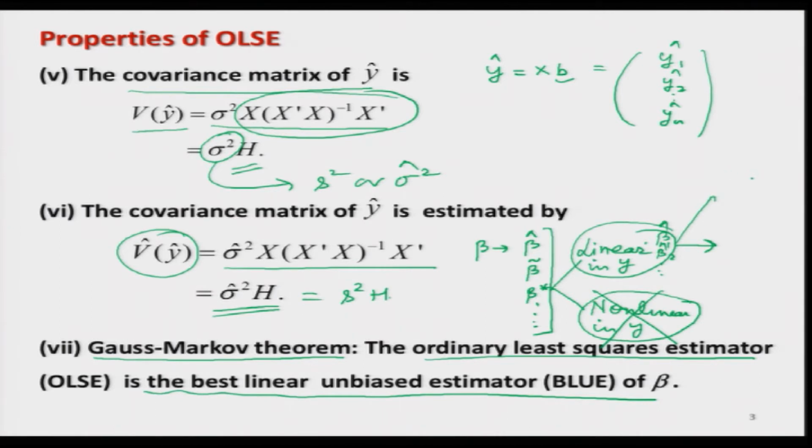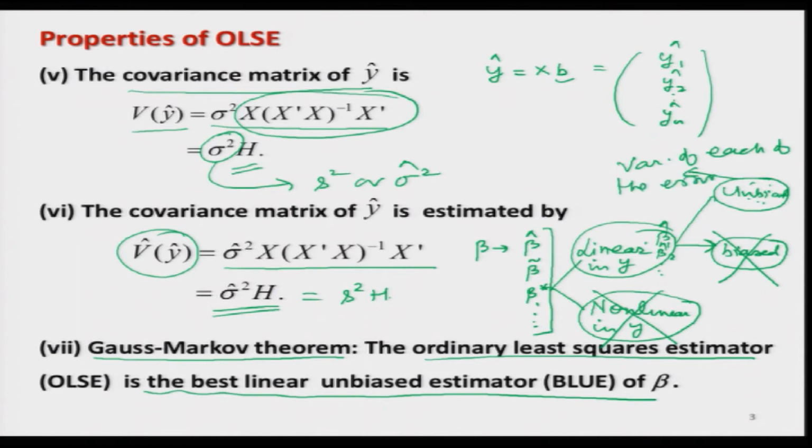One group consists of those estimators which are unbiased, and then another group of those estimators which are biased for beta. Now, ignore those biased estimators and try to consider all those estimators which are unbiased, and then try to find out the variance of each of the estimators in this group.